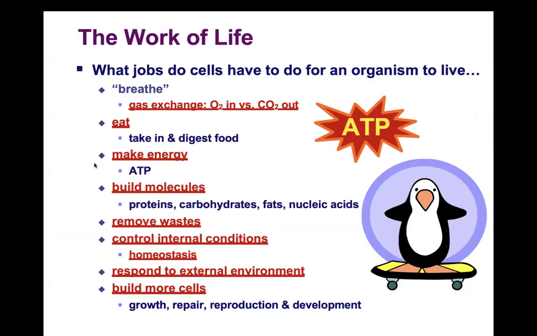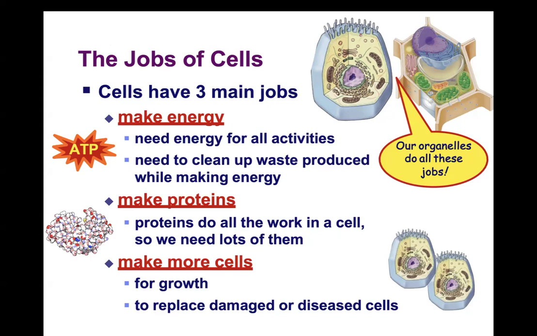So all of these different functions on this page can be grouped into three purposes: making energy, making proteins, and making more cells. And really, the remainder of the first semester of our class is going to be talking in detail about how cells do these three things.